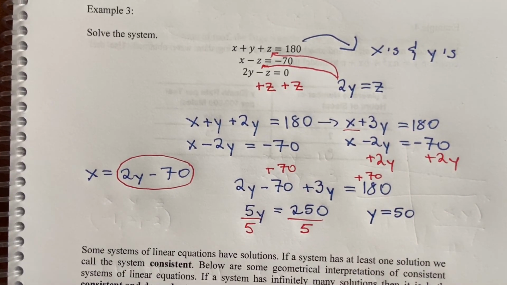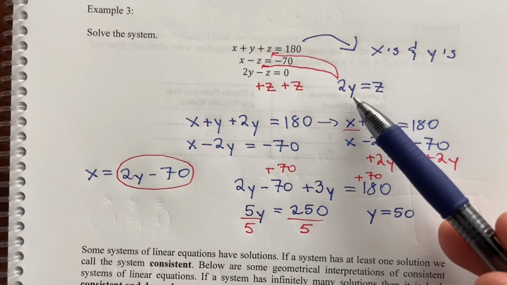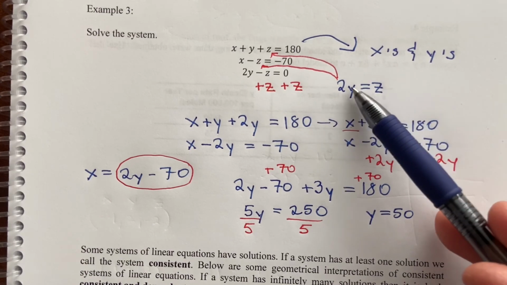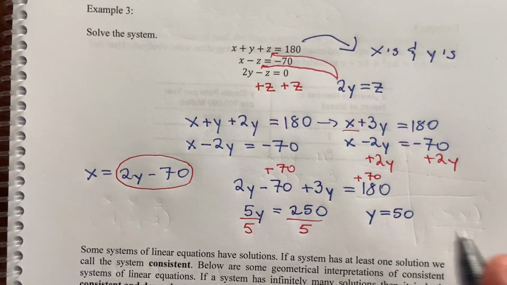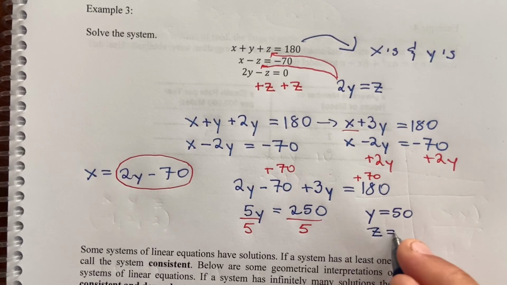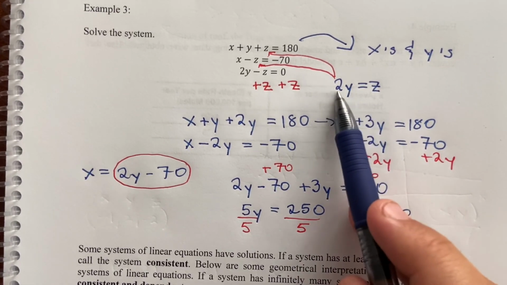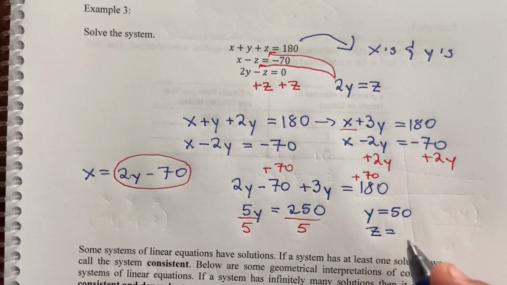Cool. How do I find, let's say, z? Well, this thing says if you know y, then you know z by doubling y. So I know z would be double, 2 times y, 2 times 50 is 100.